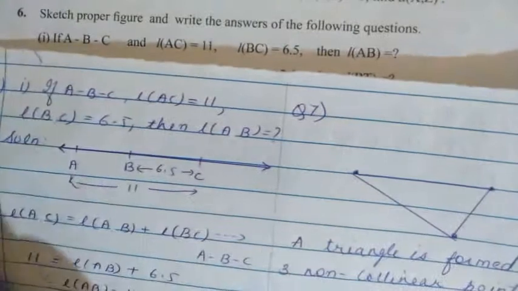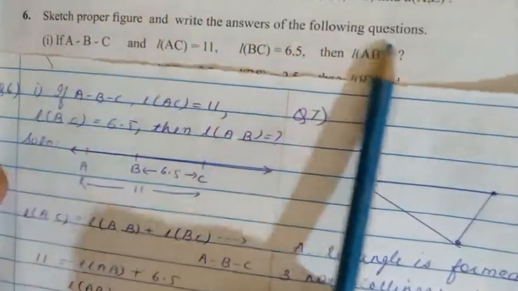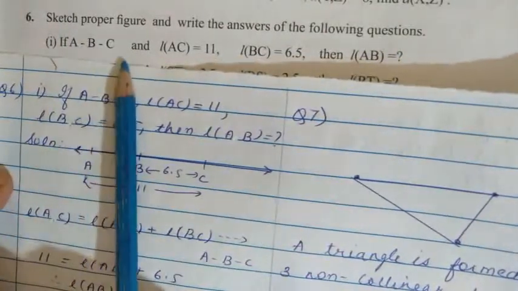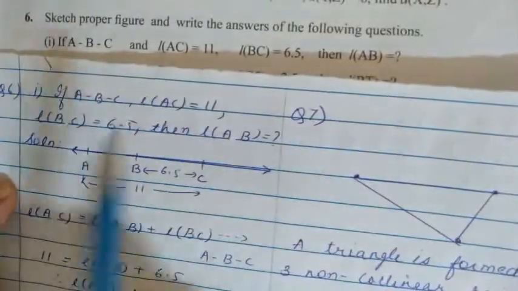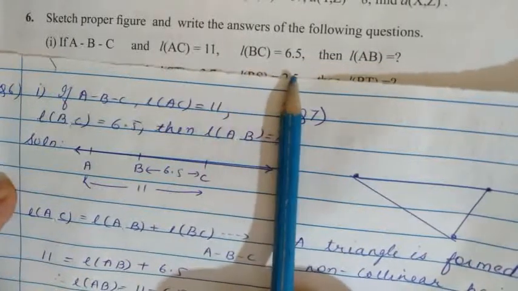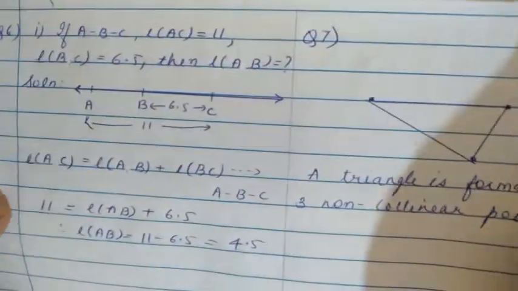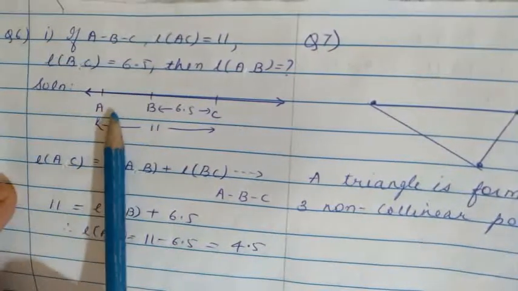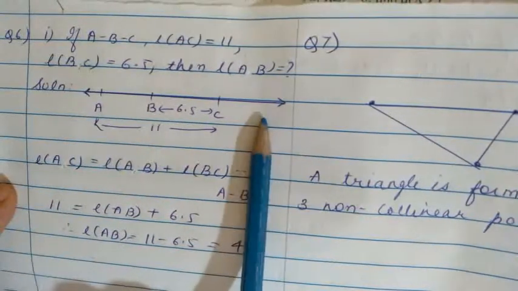Question number 6. Sketch proper figure and write the answers of the following questions. Now, here you are already given with the betweenness, dear students, and length of some of the points. That is, length AC is equal to 11, length BC is equal to 6.5. Then let us find length AB. Now question number 6, as shown, A dash B dash C, which means we have to sketch the figure. Point B is lying between A and C. So just sketch the figure in this manner.